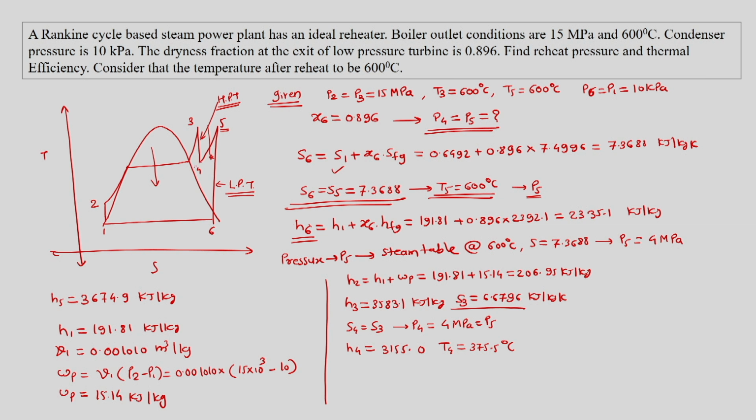Here we have to keep one point in mind: in some cases we would not be given the reheat pressure, as we were in this example. We have to find out the reheat pressure from the equal entropy conditions, S6 equal to S5 and S4 equal to S3.